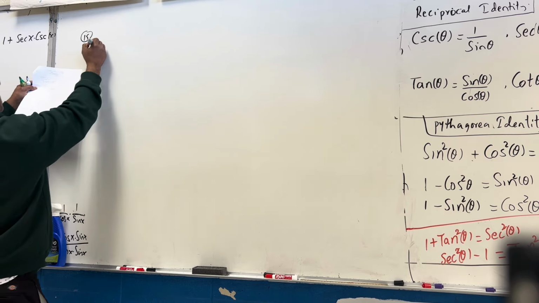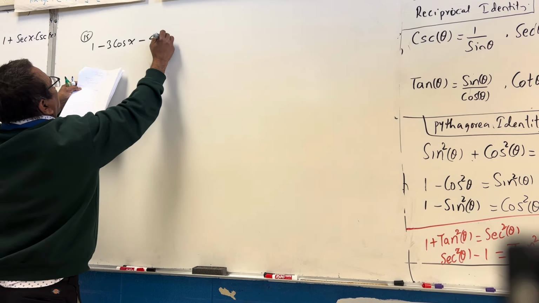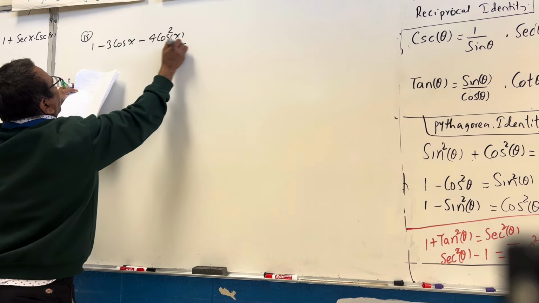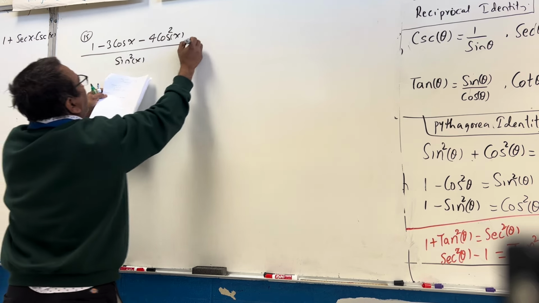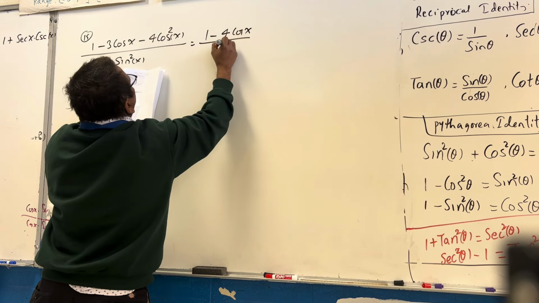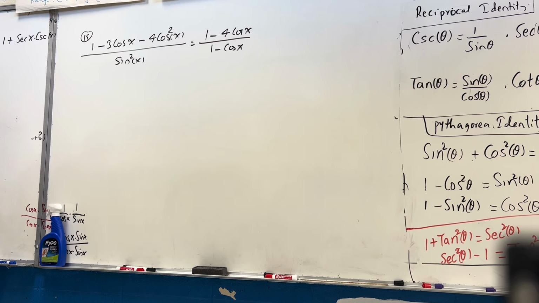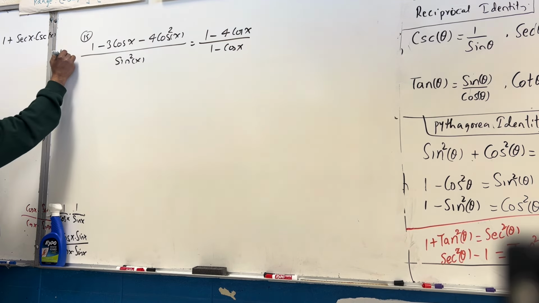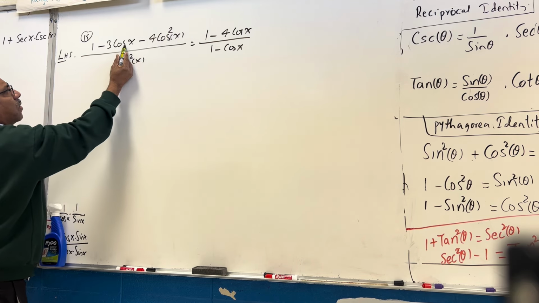So this is y equals 1 minus 3 cosine of x minus 4 cosine square of x, divided by sine square of x. We need to show why this is equal to 1 minus 4 cosine of x divided by 1 minus cosine of x. Okay, so let's begin with the left side. This looks like a quadratic, with a cosine square and a cosine of x.